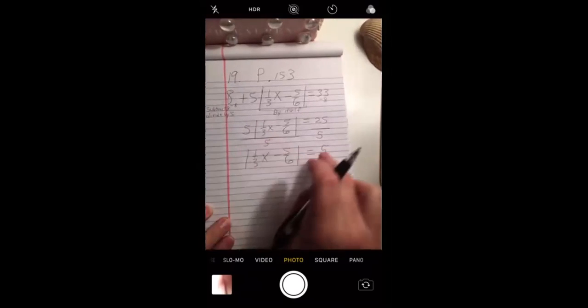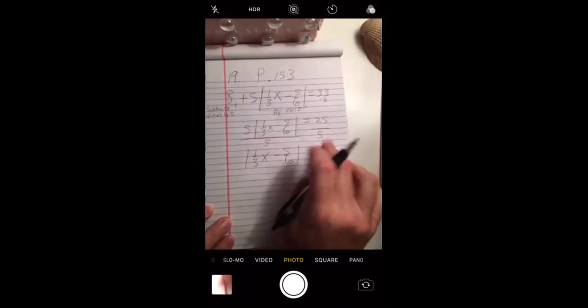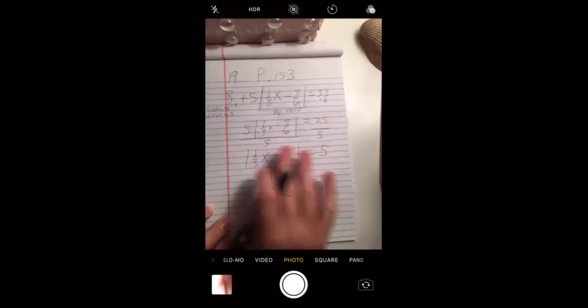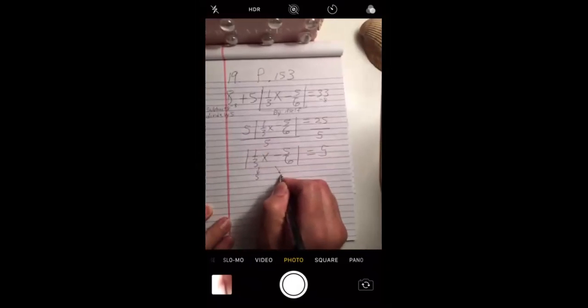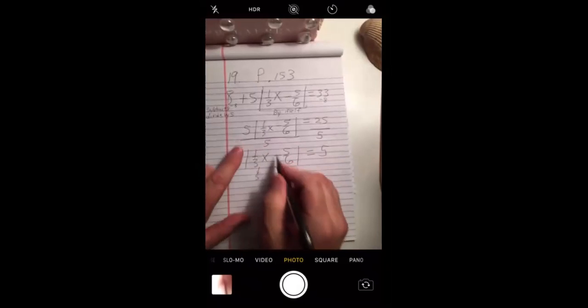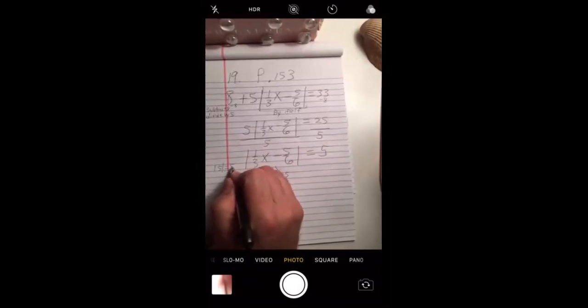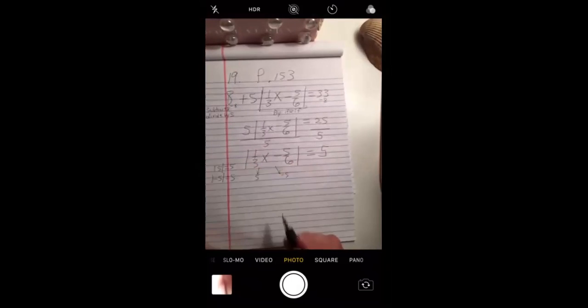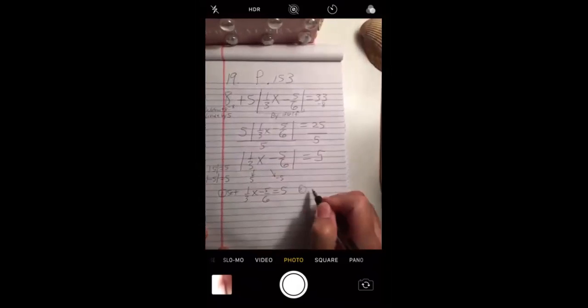Whatever this is equals 5, and whatever this is equals -5, because if I come up with absolute value of 5, it gets 5, and absolute value of -5, it gets 5. So you've got number 1, your 1/3 x minus 5 over 6 equal to 5. And number 2, your 1/3 x minus 5 over 6 equal to -5.